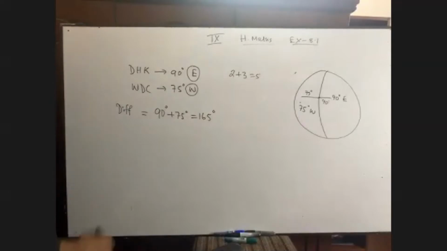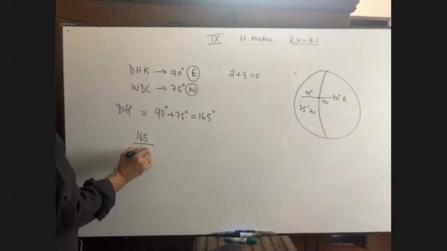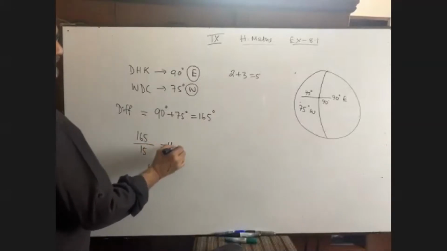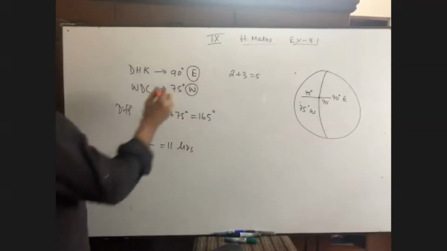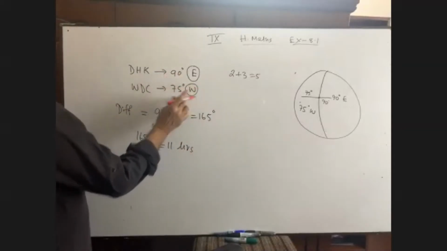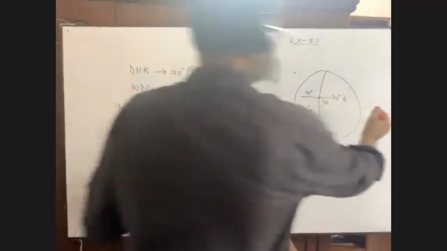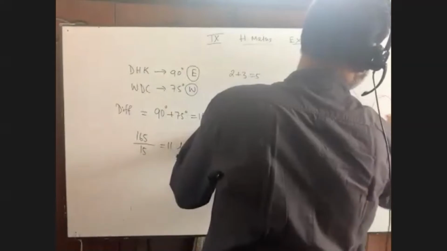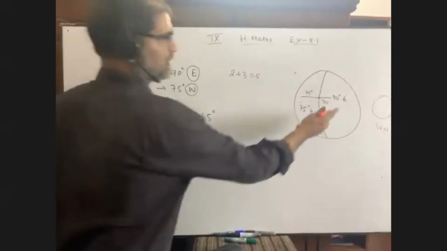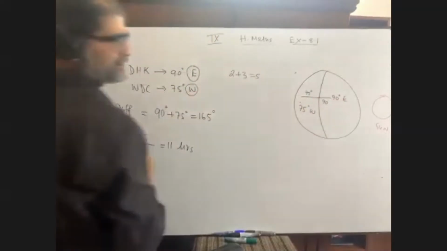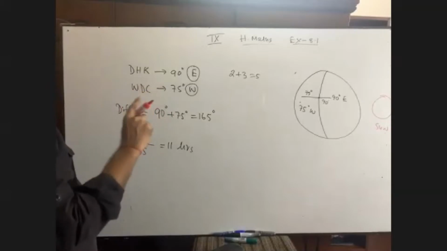Now you divide 165 by 15, we'll get 11 hours. As Washington DC is behind Dhaka because it is in the west. East means what? Here the sun. So Dhaka will get light at first, then Washington DC. Am I right?